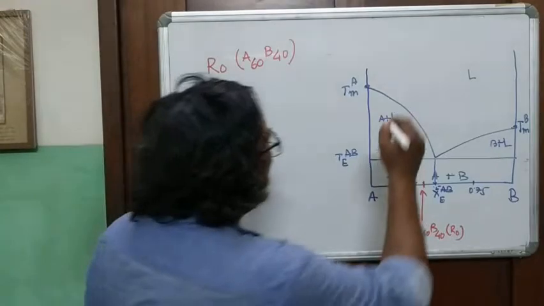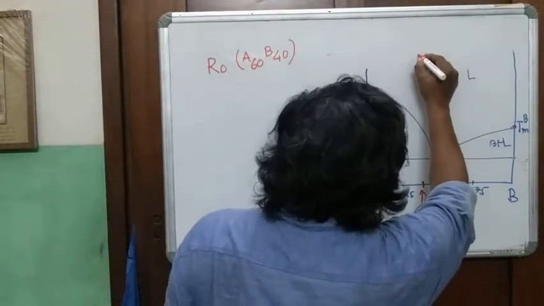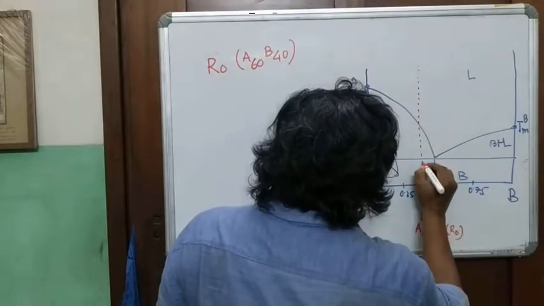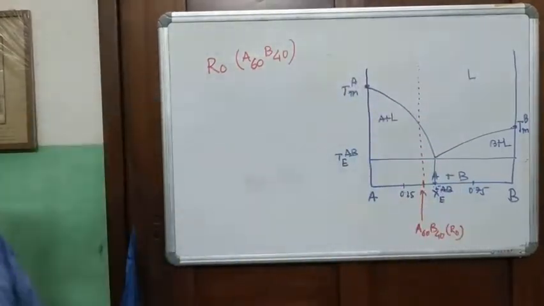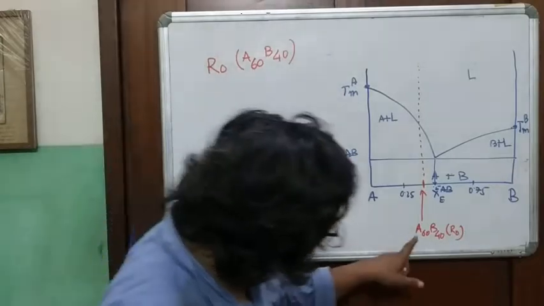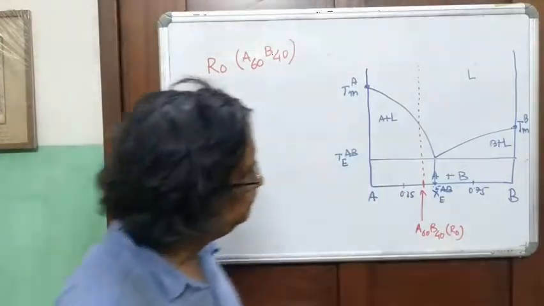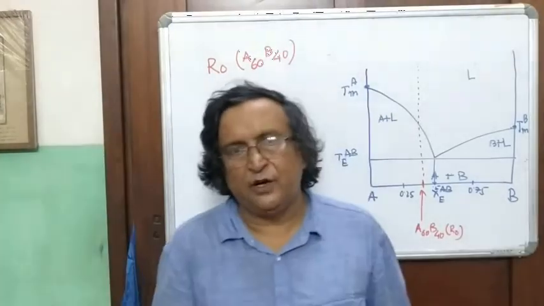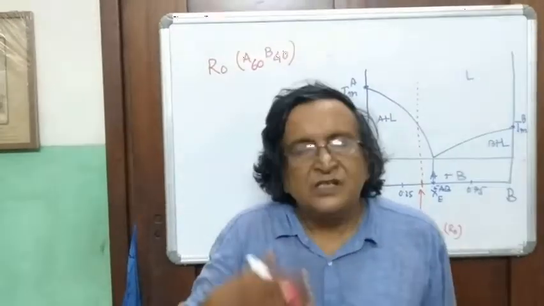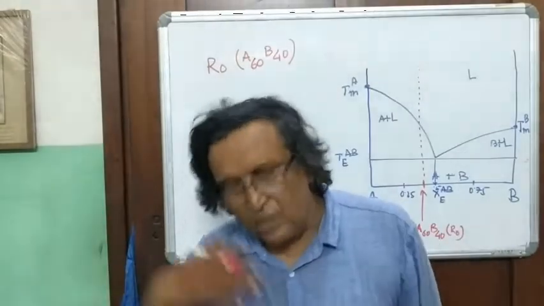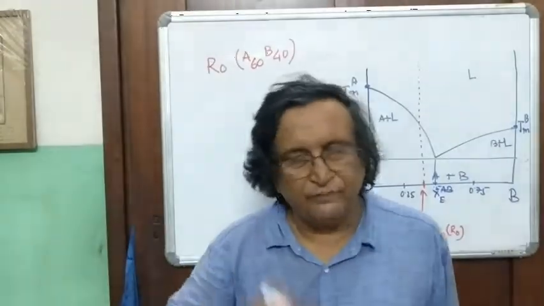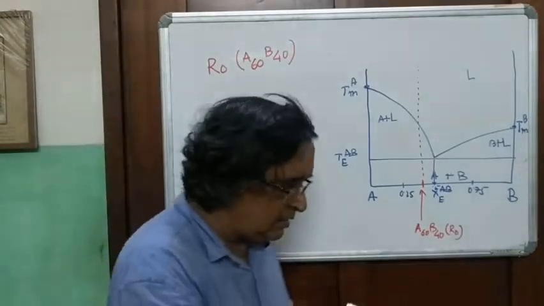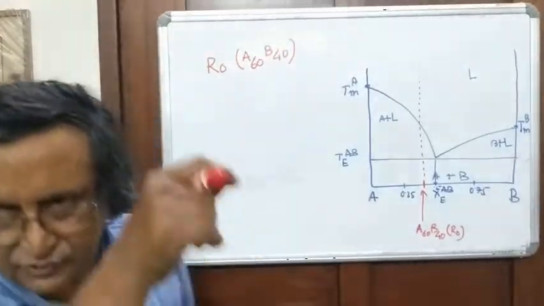Now I will draw this line, a dotted line. We are starting with the rock A60 B40. Now what happens? A rock normally is at the surface temperature. Somehow we melt the rock. We increase the temperature of the rock. So when will the rock melt?